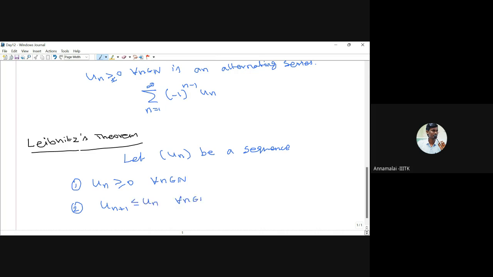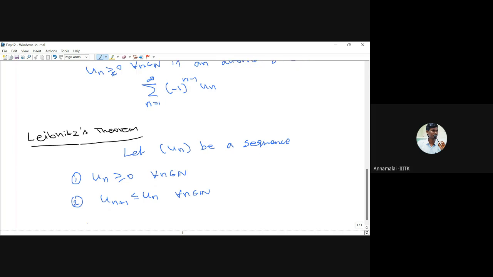And the third is that the sequence converges to 0, that is, un converges to 0 as n goes to infinity. If a sequence satisfies these three conditions, then the alternating series summation of minus 1 power n minus 1 times un, n equal to 1 to infinity, converges.